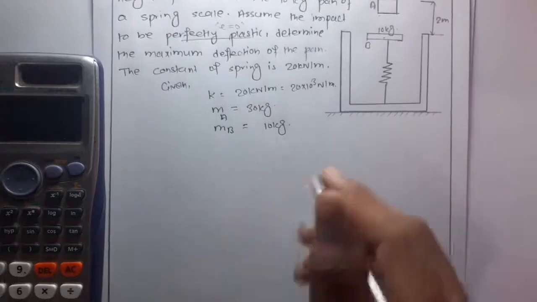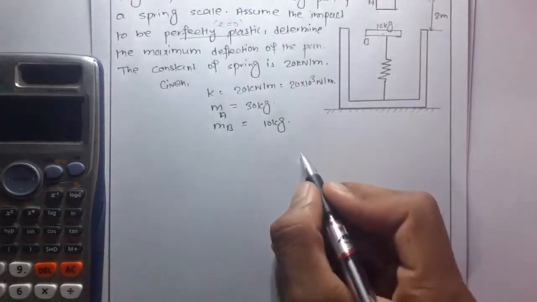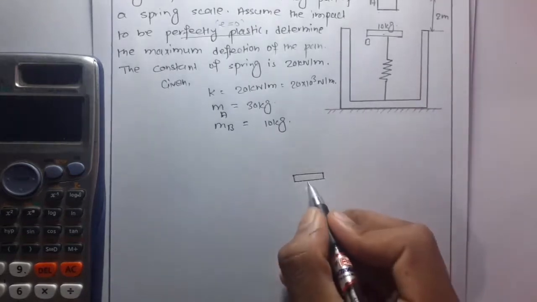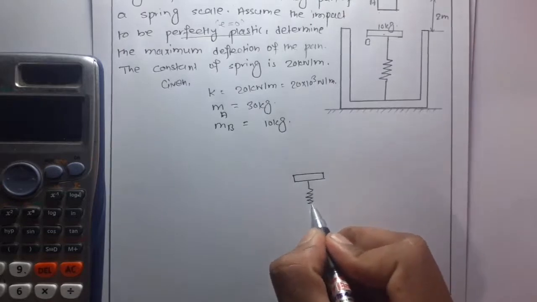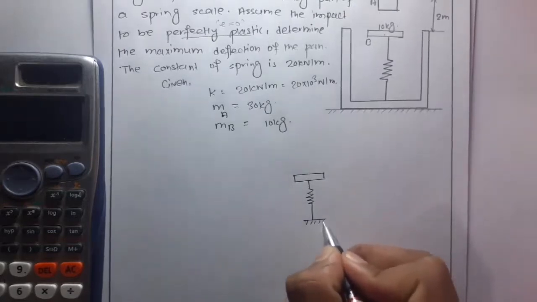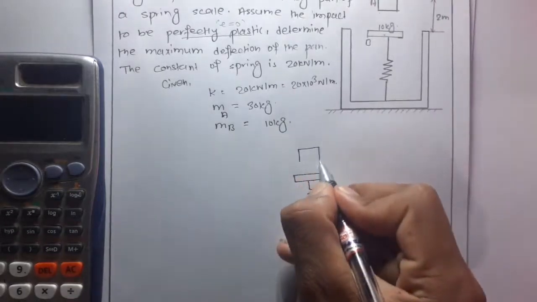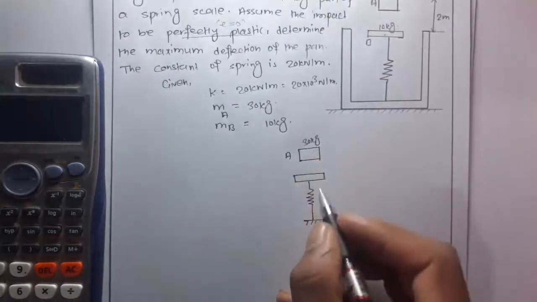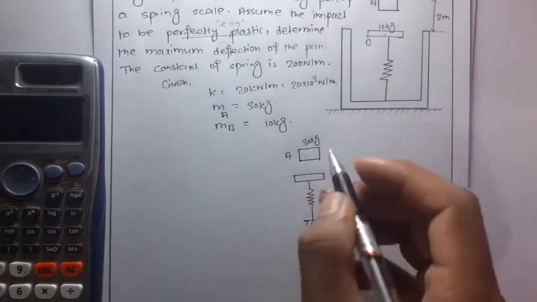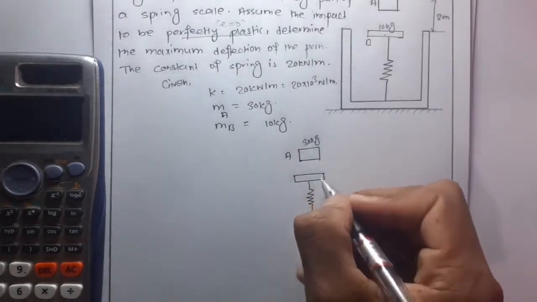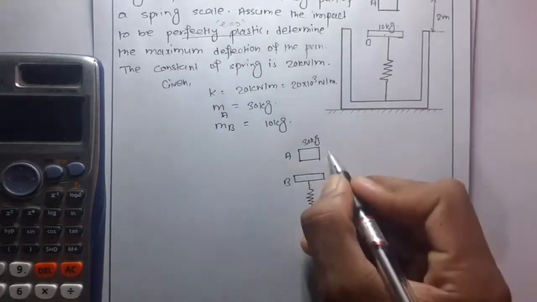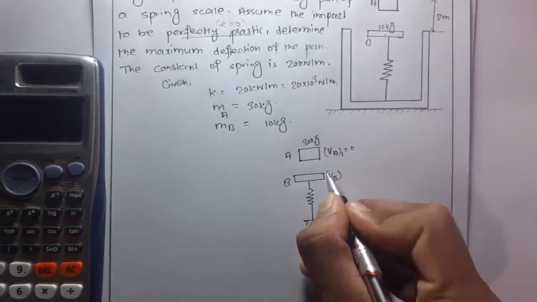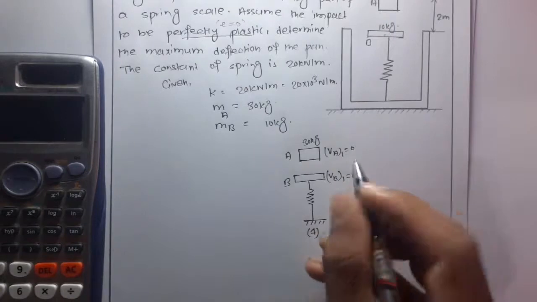At the initial condition, this is a pan and this is a spring attached to it, and this is a 30 kg block. This is position 1. Initially they are all at rest, so VA1 is equal to 0 and VB1 is equal to 0.